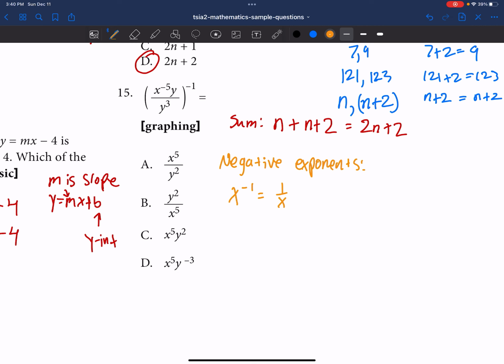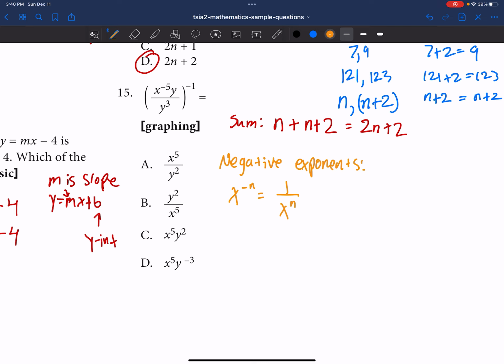Or rather, more generalized: x to the power of negative n equals 1 divided by x to the power of n. This is how we define negative exponents.